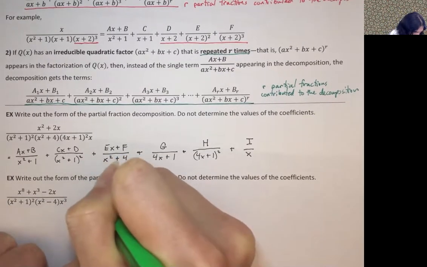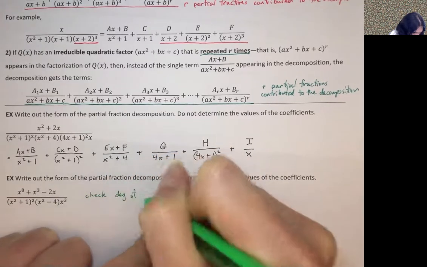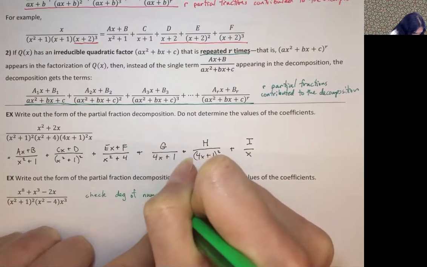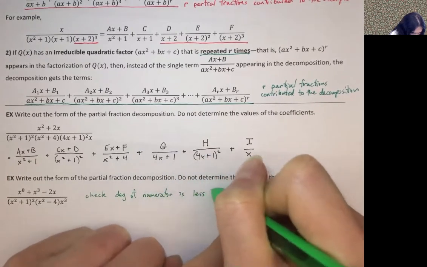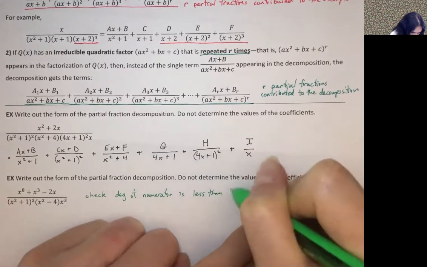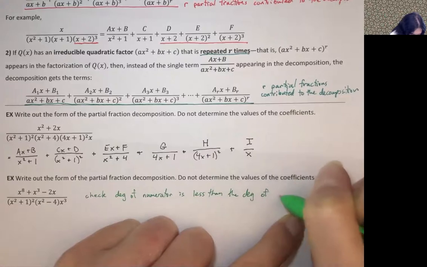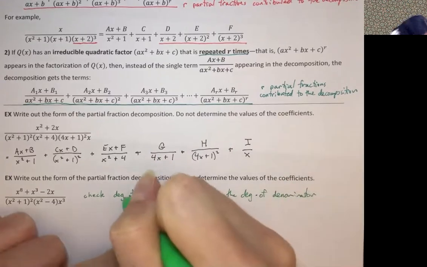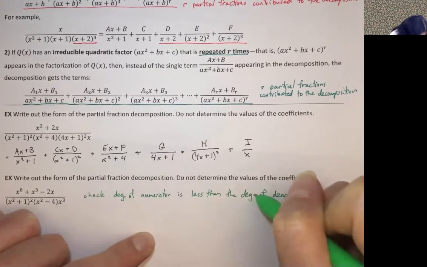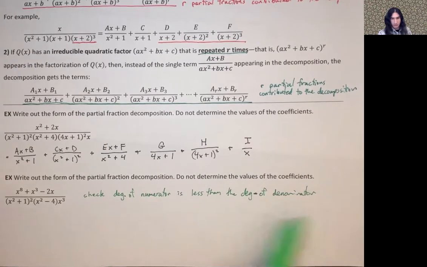So remember to check that the degree of the numerator is less than the degree of the denominator. And I don't know why I'm abbreviating degree. I'm not saving that much writing. Anyway, degree of numerator, degree of denominator.